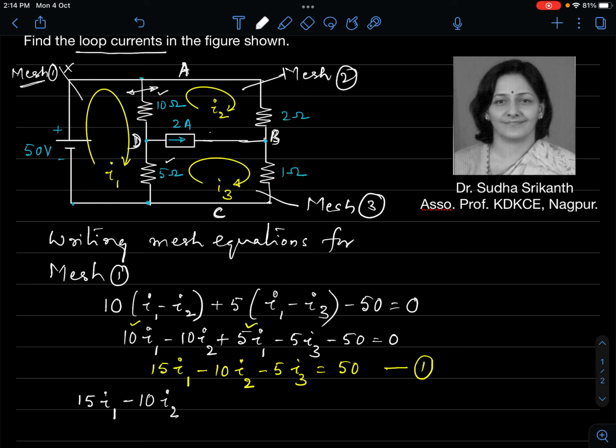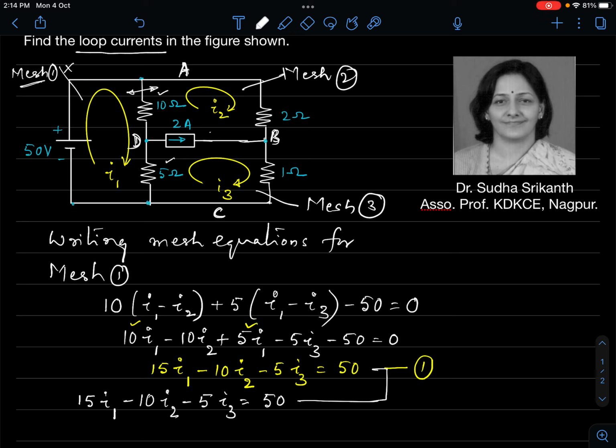It is 5 ohm resistance. That again is given a negative sign, minus 5I3, equal to the sum of the EMFs contained in that mesh, with voltage gains taken positive on the right hand side, equal to 50. This is the same as the earlier equation, equation 1.